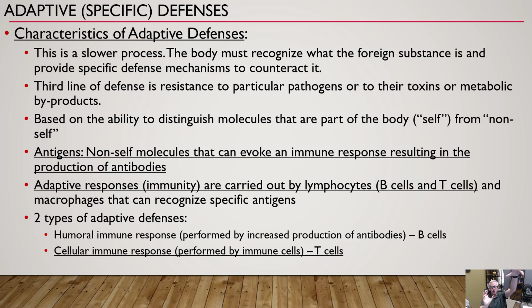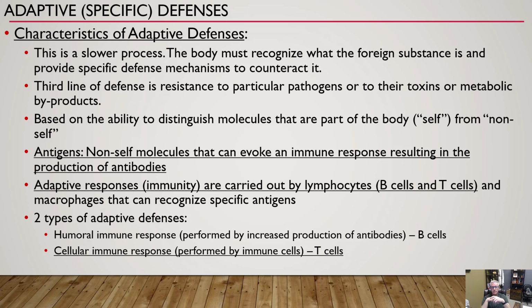And if there's like a linkage between the cell and that foreign cell, that's going to evoke an immune response, and that's going to result in the production of antibodies. And remember, antibodies are in the bloodstream. So antigens are on the cell itself, and the antibodies are in the bloodstream.